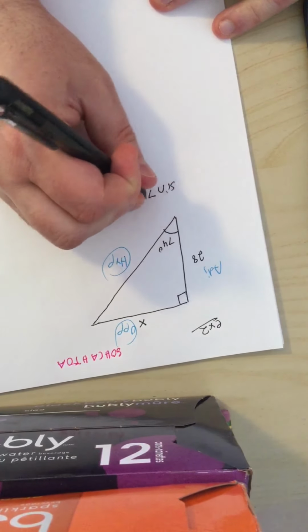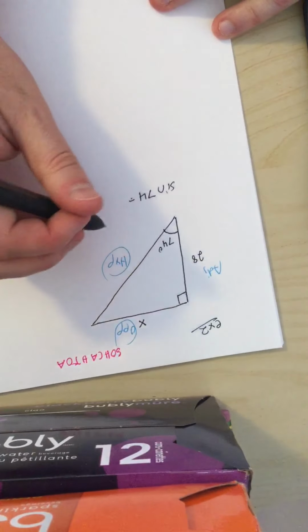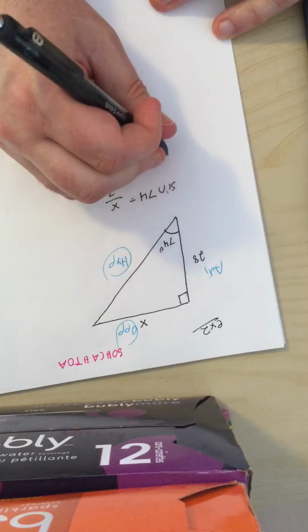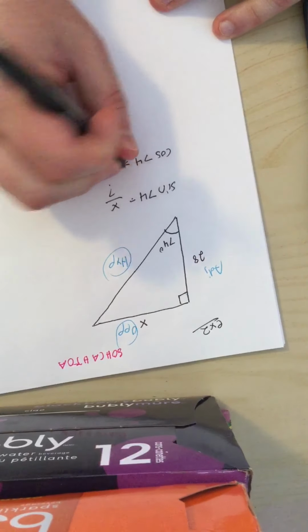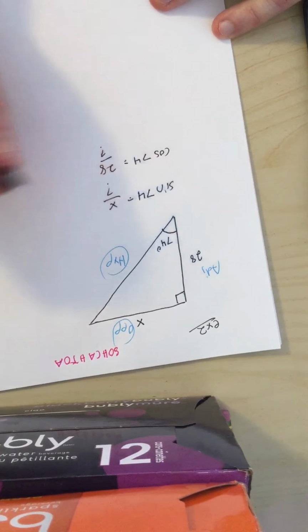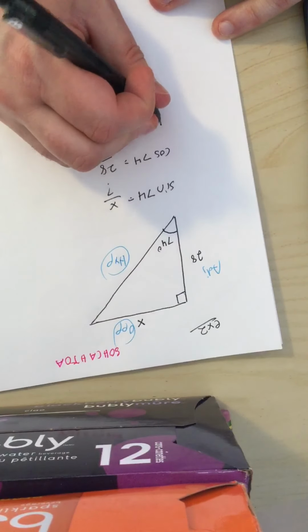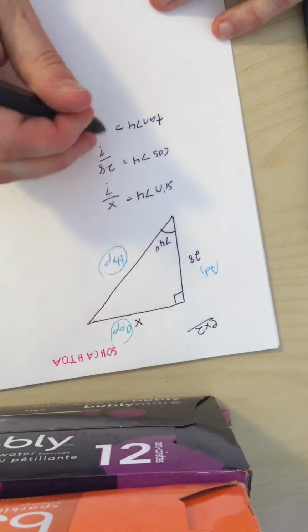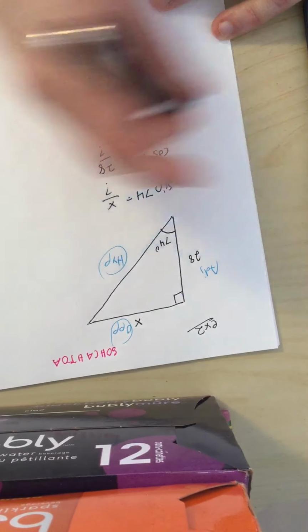So sine of 74 is going to be opposite over hypotenuse, which is x over who knows, so that didn't work. Cosine of 74 is adjacent over hypotenuse, which is 28 over, I don't know what that is, that didn't work either. Tangent of 74 is opposite over adjacent, which is x over 28.